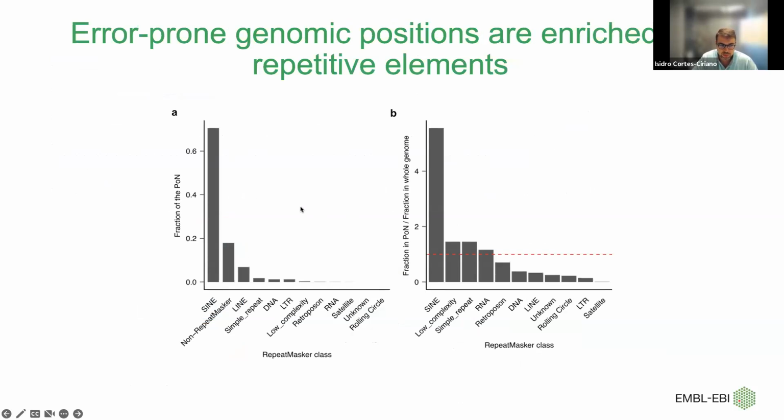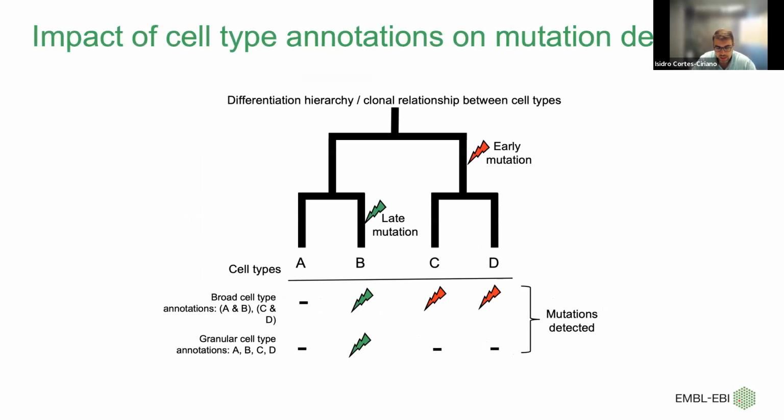Here I'm showing you the genomic distribution of those positions that we include in the panel of normals, and the enrichment of some of these elements with respect to the genome. We can see, for example, that SINE elements or areas categorized as low complexity and RepeatMasker are particularly enriched in sites where we cannot reliably call a mutation, and those are removed during the calling process.